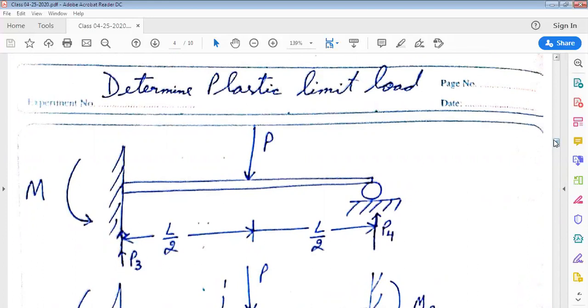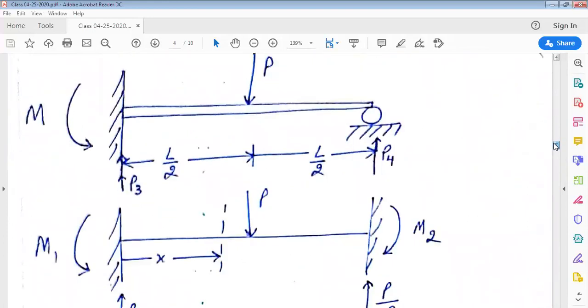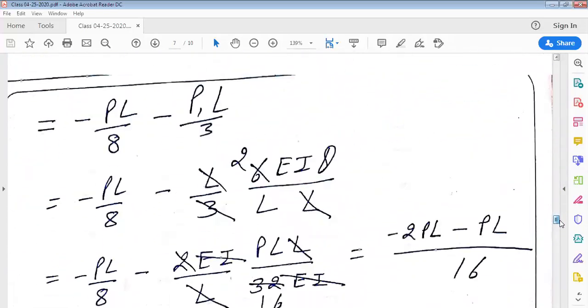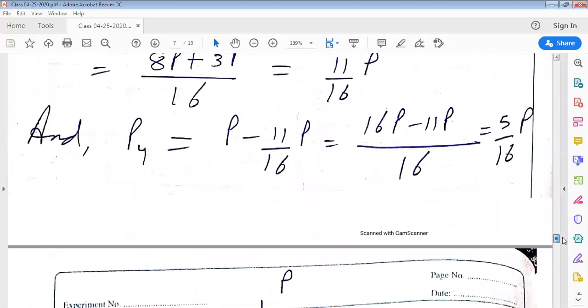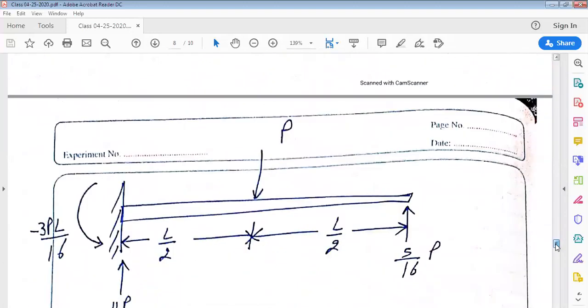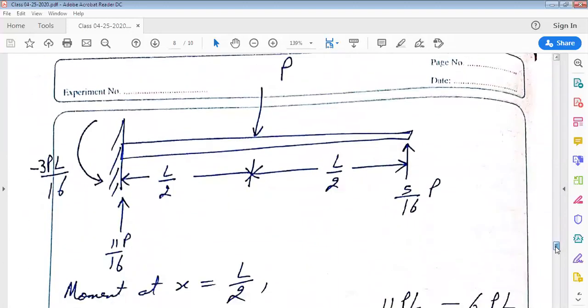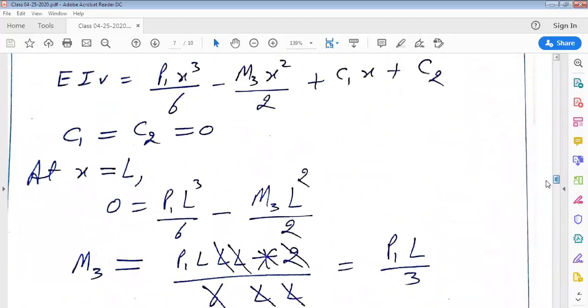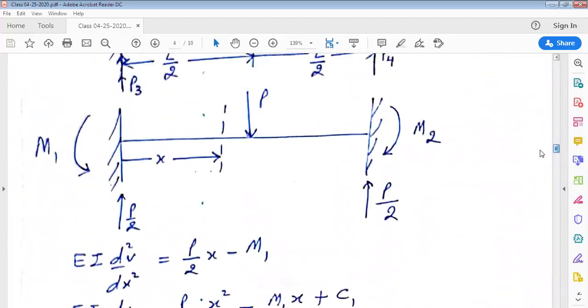Now P3 we have already obtained, so capital P4 now becomes capital P minus 11 by 16P, and that is 5 by 16 capital P. Okay, now we have completely solved the problem.